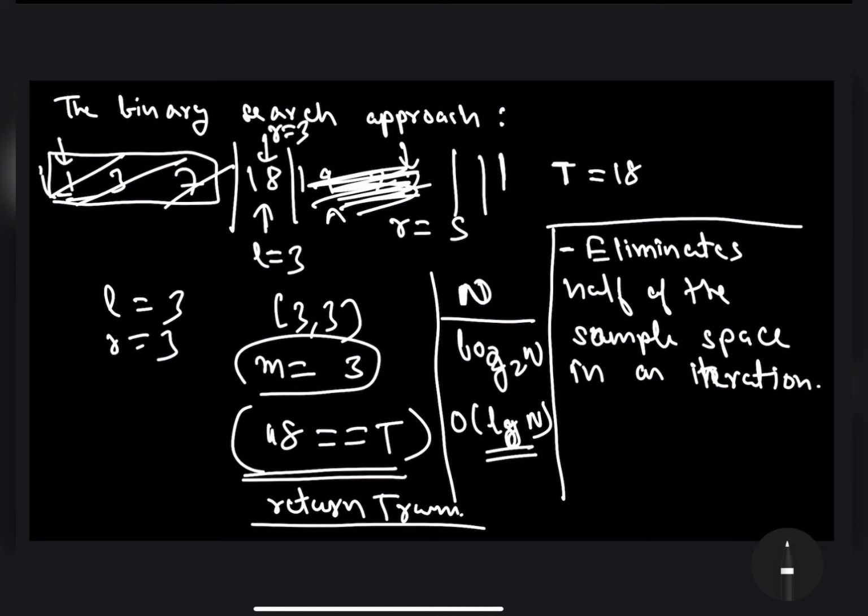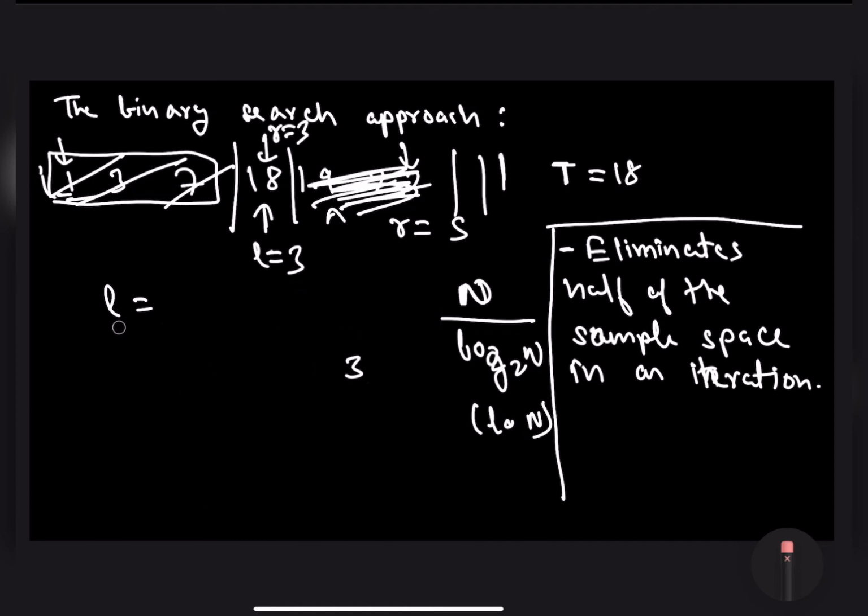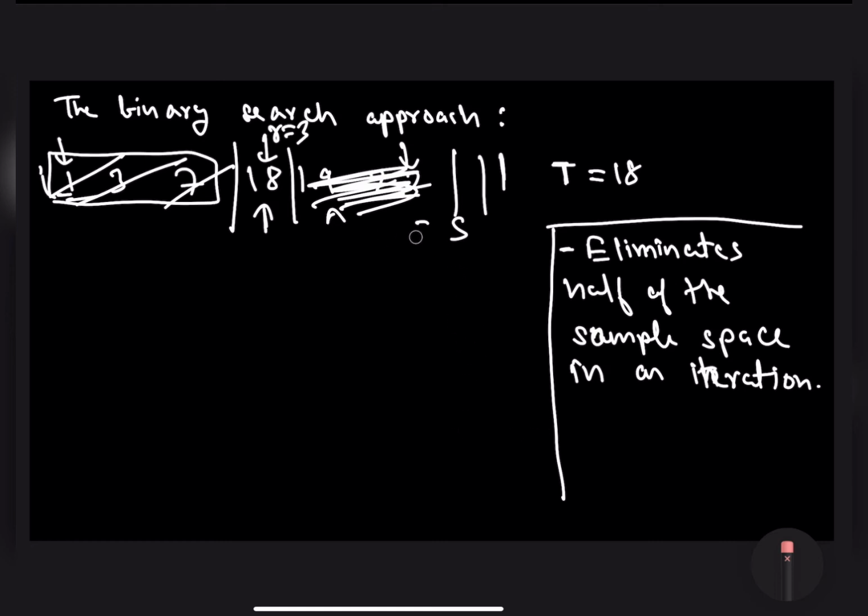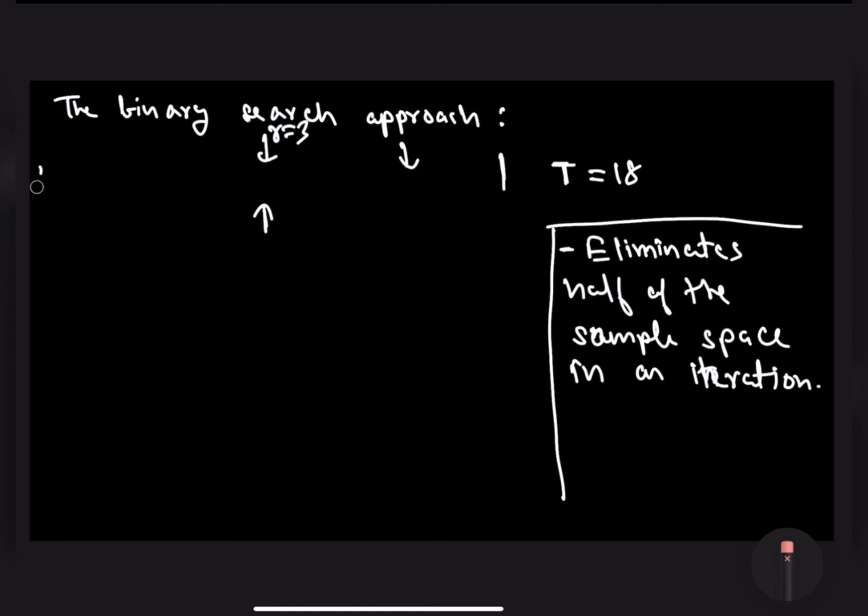All right, so we will just have a look at another dry run to give you better clarity of how binary search works, and then we can move ahead with the coding part. Let me just make some space. Let's take another array for a better example.